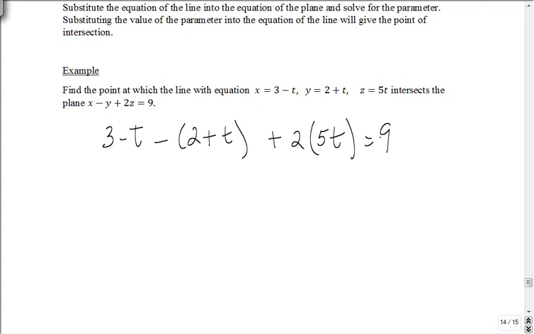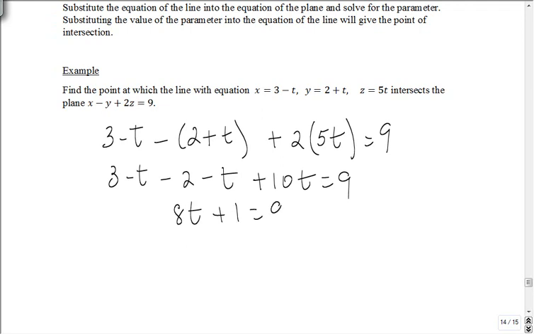And all you're going to do is to solve for the parameter t. So 3 minus t minus 2 minus t plus 10t equals 9. The t's, that becomes 8t, that's a plus 1 equals 9. 8t is 8, so t is 1. So t is 1.